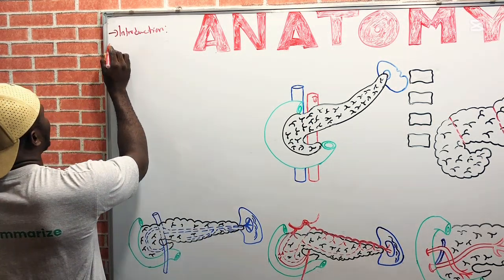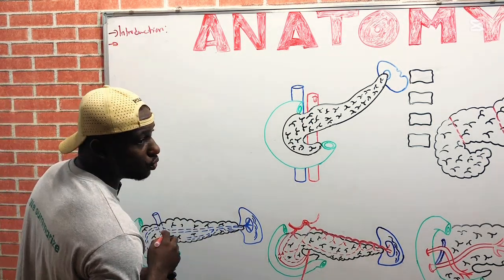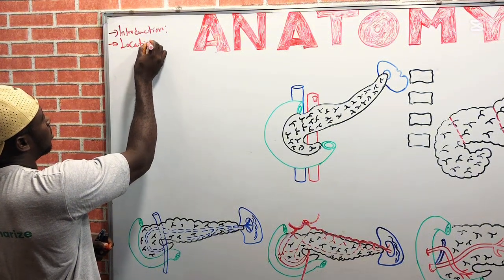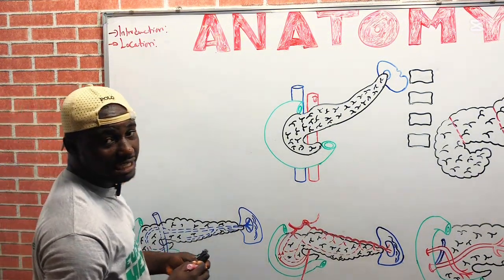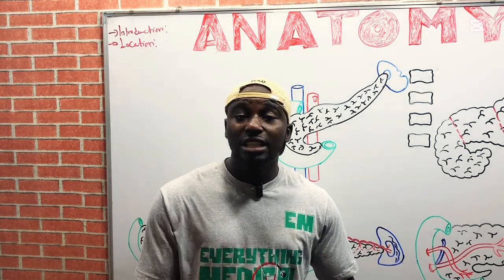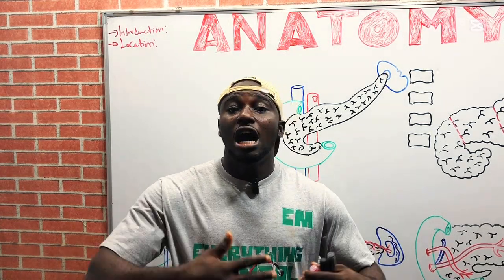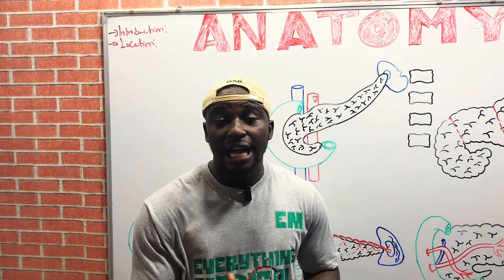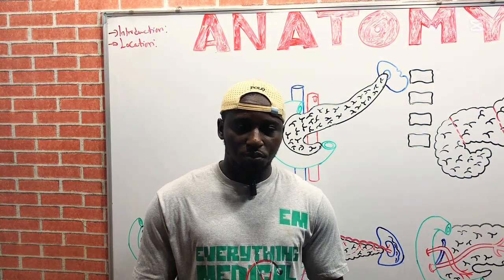The next outline we shall be looking at is the location. Where is the pancreas located? The pancreas lies more or less horizontally on the posterior abdomen within the epigastric and left hypochondriac region.